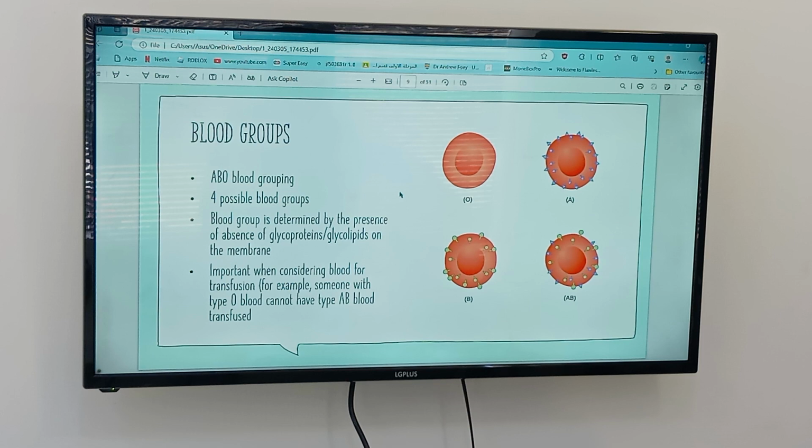A blood group is determined by the presence or absence of glycoproteins or glycolipids on the membrane. This is important when considering blood transfusion, for example, someone with type O blood cannot have type AB blood transferred.